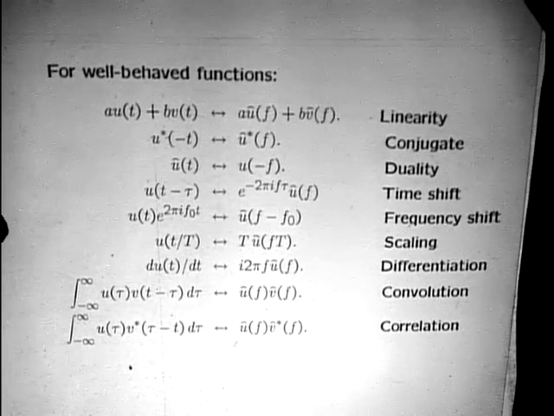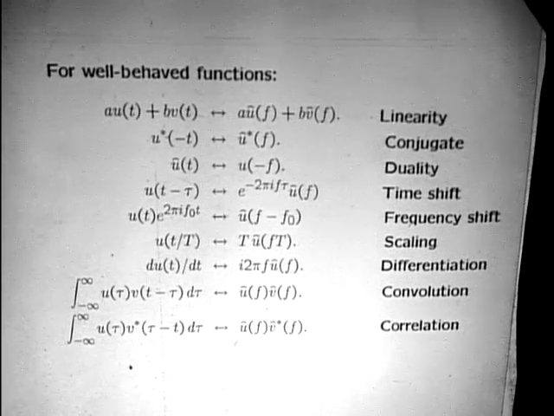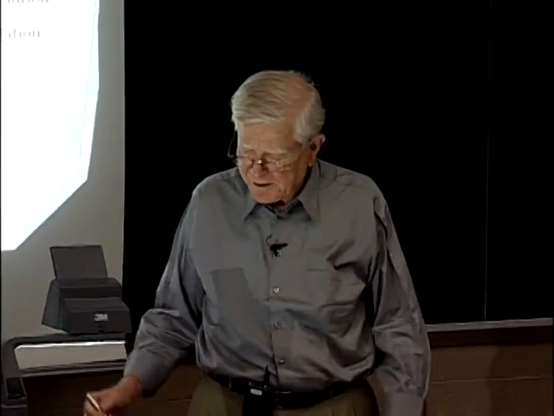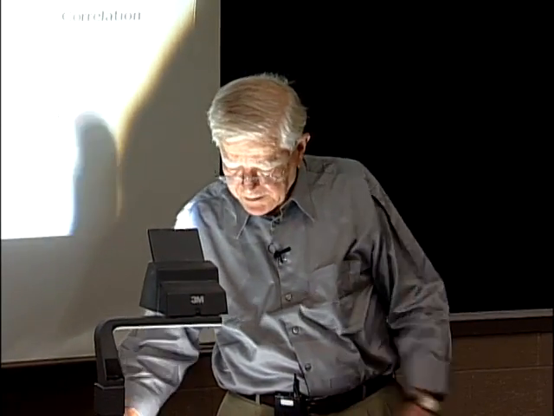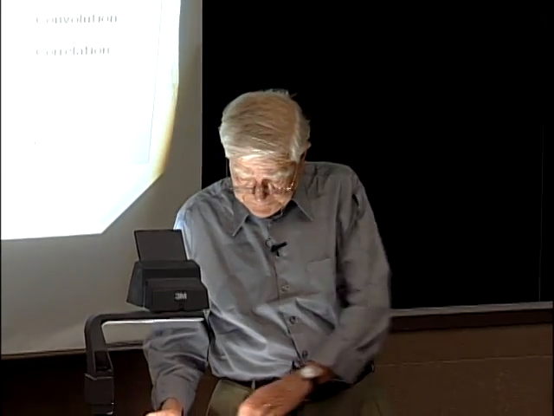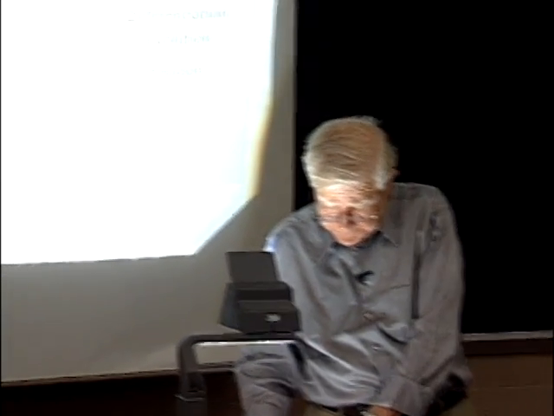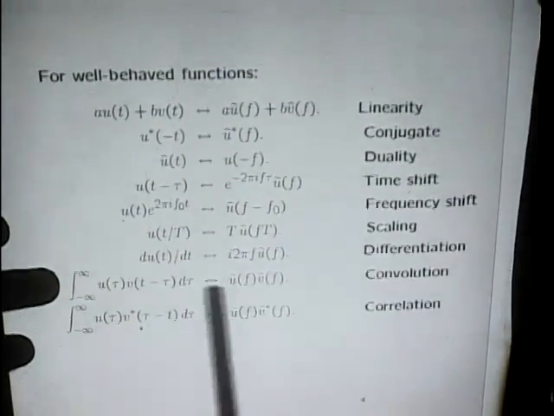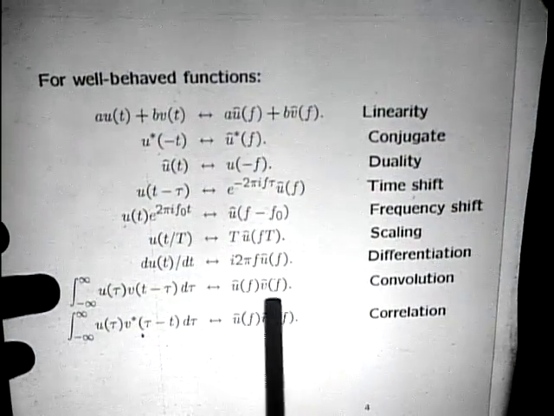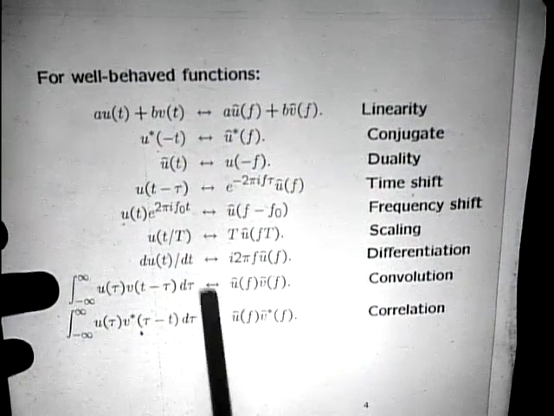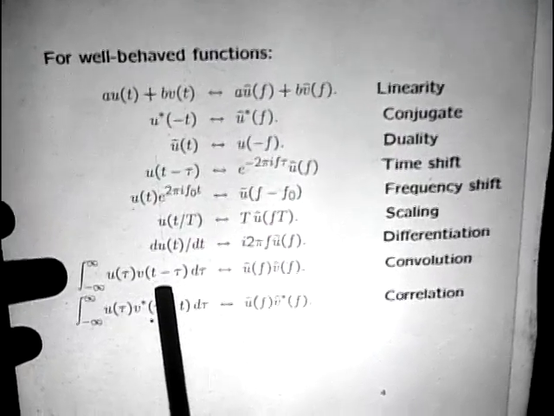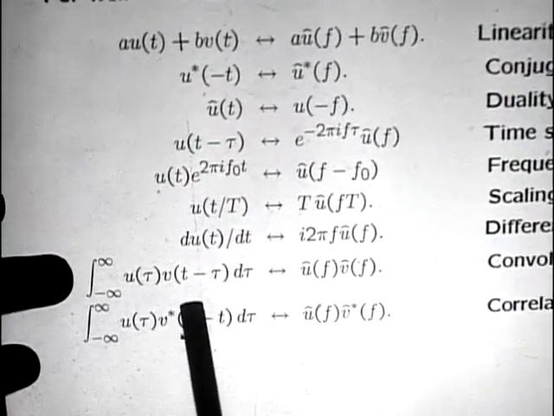There's convolution, which I'm sure you've derived many times, and which one of the exercises derives again. And there's correlation. What this relationship says is that taking products in the frequency domain is the same as going through this convolution relationship in the time domain.